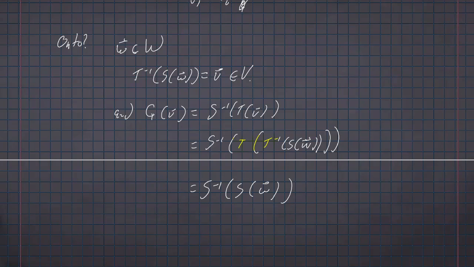And S inverse of S of W is going to be that thing. So this function Q not only is a linear transformation, but it's also one-to-one and onto. And that's what it takes to be an isomorphism.